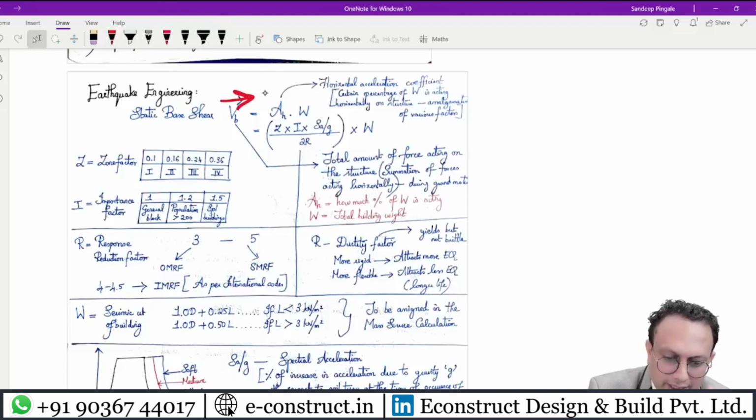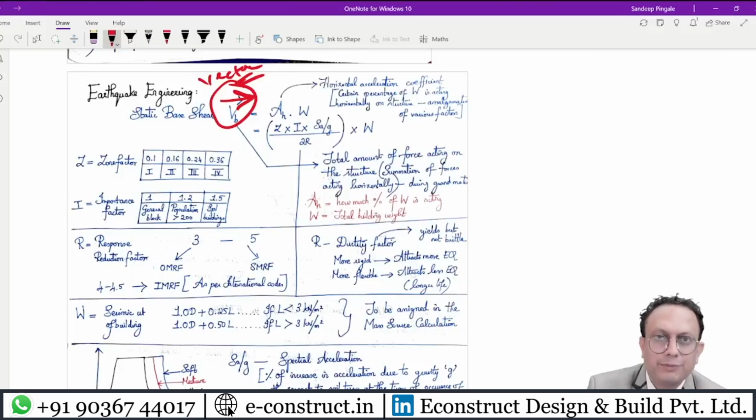Vector means directional, where a specific direction is there, whether it is in the positive x direction or the positive y direction in the global axis, when you are performing space frame analysis in any mathematical model.